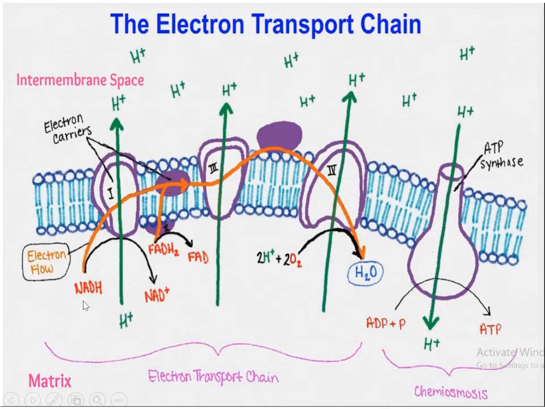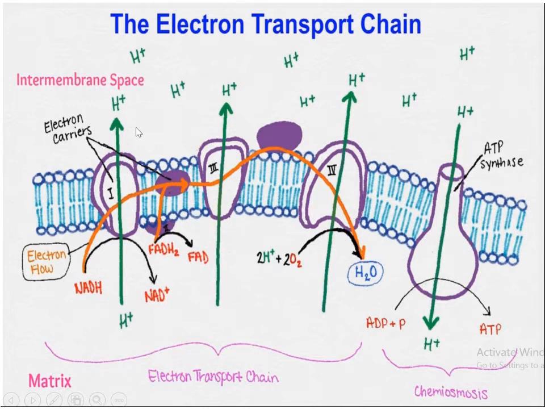So when NADH gives its electron to complex 1, the supercharged complex 1 gains the energy to pump protons from the mitochondrial matrix to the intermembrane space.